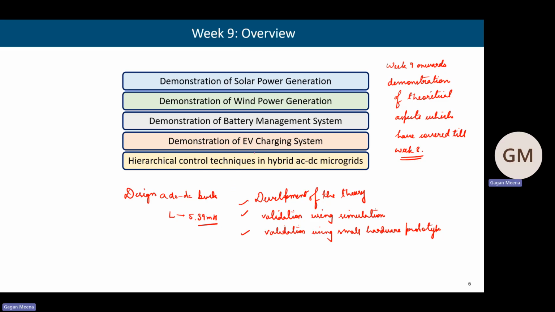Then there are also issues of noise while we are using different measuring instruments and probes. And the elements are not ideal. The theoretical analysis which we have done might involve many assumptions.